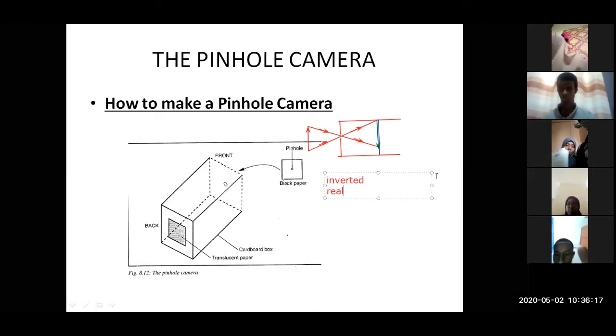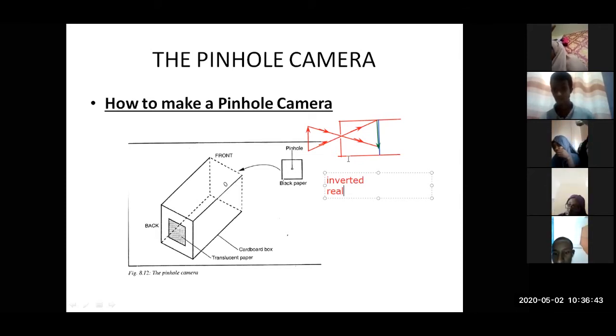Put the diagram close, I'm not seeing. Just place it on the screen directly, I'll see it. On your screen directly. Push it up, up, up. Okay, try to use a ruler, please. Use a ruler.